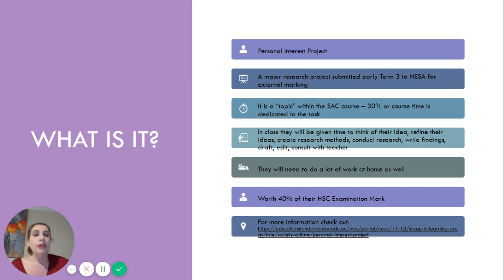It is its own topic within the SAC course. 30% of course time is dedicated to it. They'll be given time in class to think about their idea, refine their ideas, create research methods, conduct research, write findings, draft, edit, consult with the teacher. If they're in my class, that will be me.